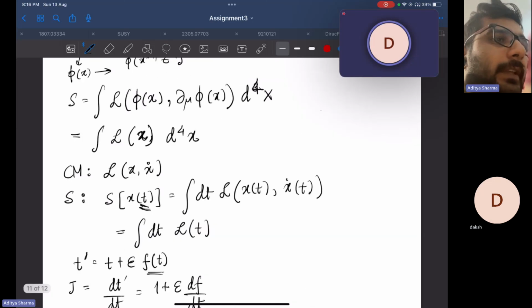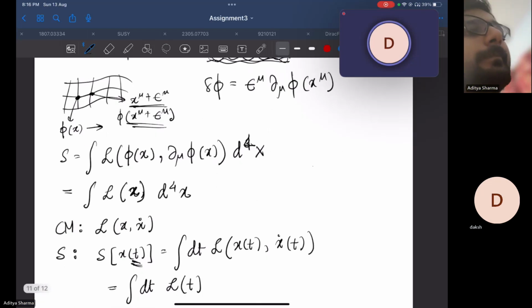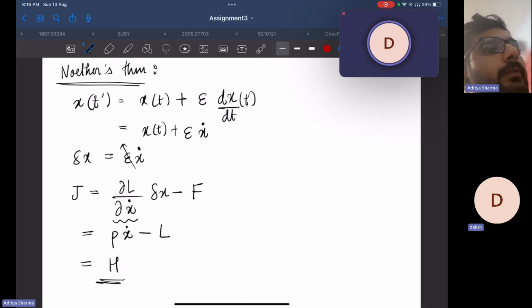You can do the same thing here with constant space-time translations, and that was what I was trying to do. So next class, I will show you this thing.